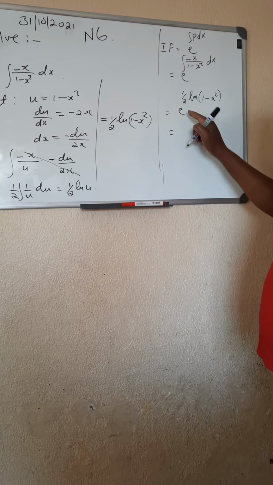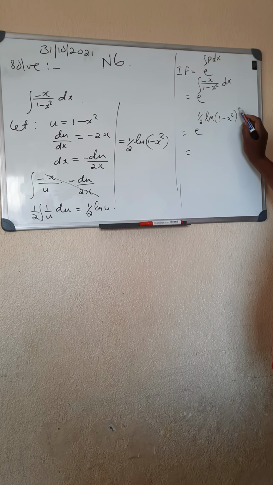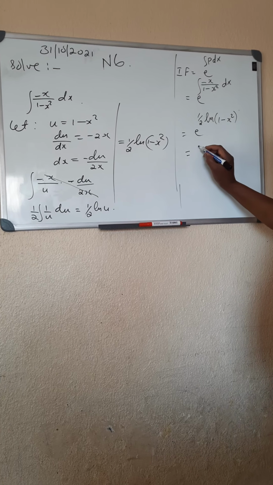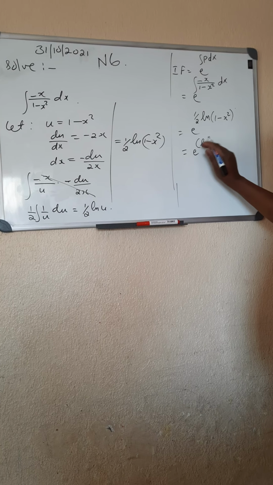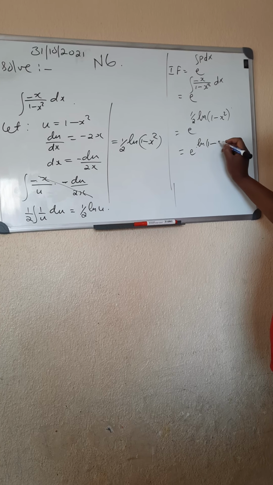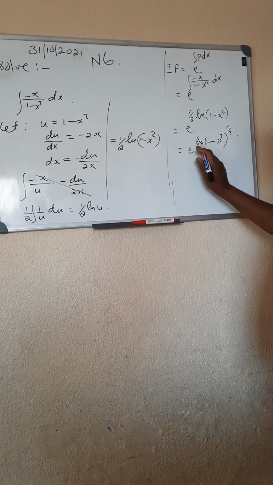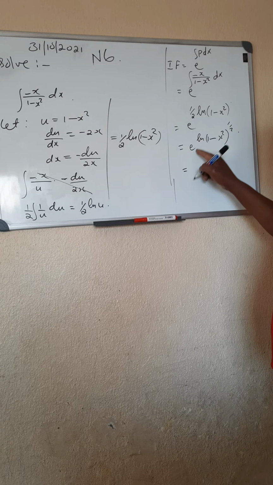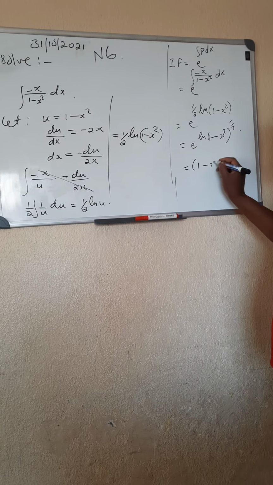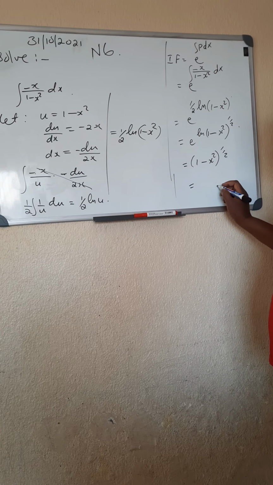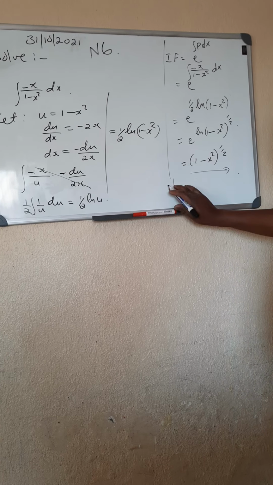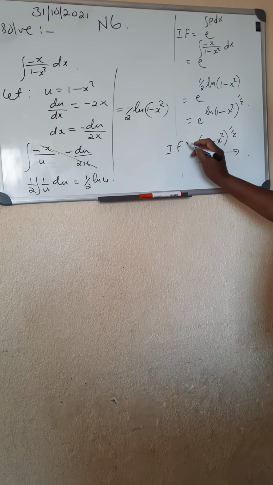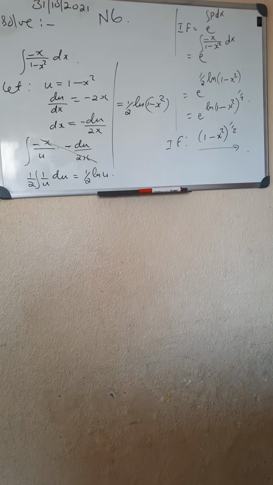Now e to the ln of a function is the same as the function, but now I can take this half and throw it up there, and have e to the ln of the function, 1 minus x squared to the half. Now e to the ln of a function equals the function, and this would then be the integrating factor.